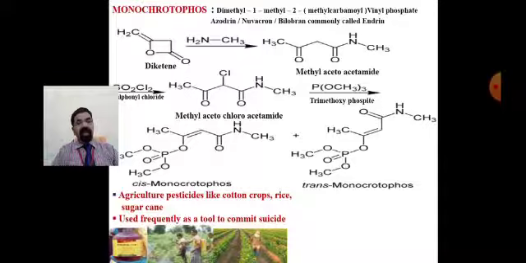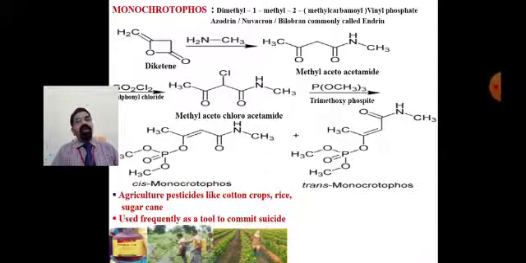This intermediate product is treated with sulfuryl chloride, SO2Cl2, to form methyl chloroacetoacetamide, another intermediate, which is treated with trimethyl phosphite, TMP, to form the product known as monocrotophos, or commonly called Andrin, which is shown in this reaction.